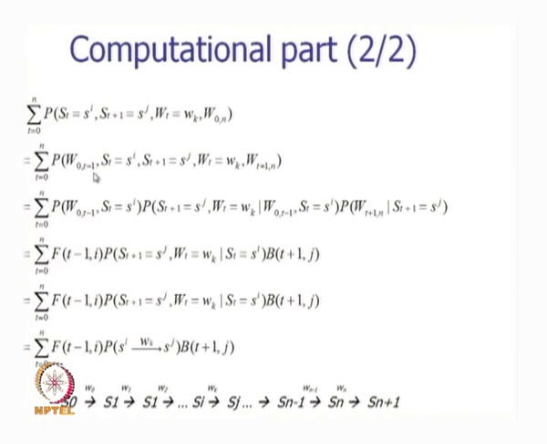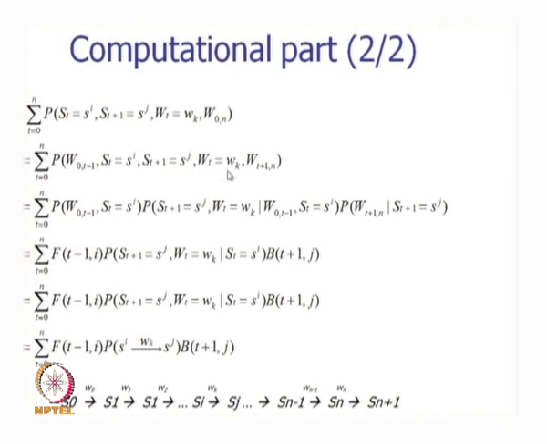So, the way we work is that we isolate the part 0 to t-1 as the observed sequence, and with the state S_t being S_i. So, this part is isolated, so that we can have a forward probability up to the tth location, and then S_{t+1} being S_j, and the observation sequence from W_{t+1} to n. This will be useful to us in terms of the backward probability, and W_t is equal to W_k.